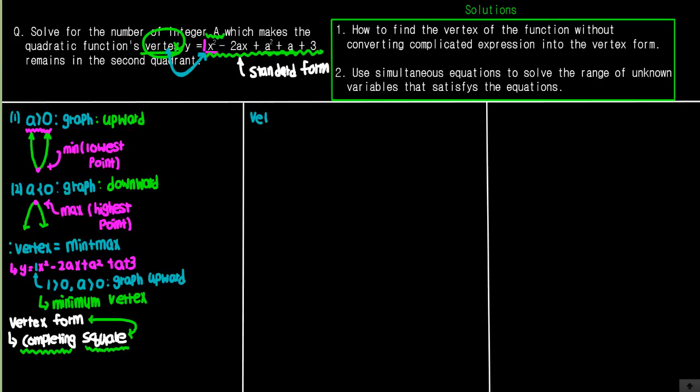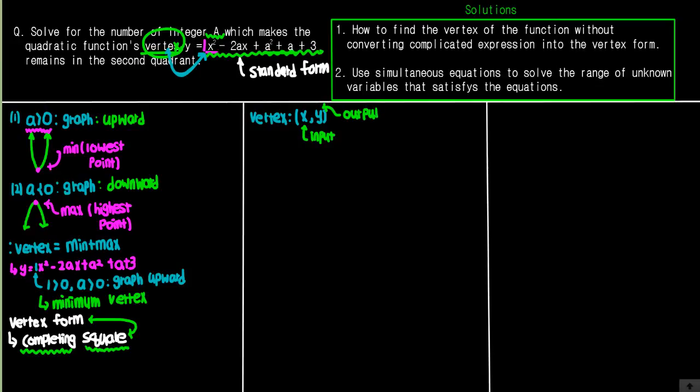When you write the vertex as a coordinate, it is made of x comma y, and our formula is just trying to solve for the x value of our vertex. The reason we don't really have to solve for the y value is that the x value is the input of our function, and the y value is the output.